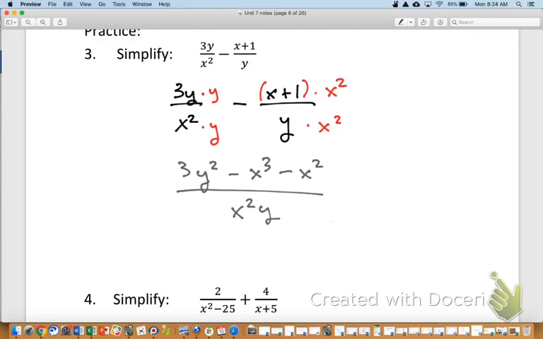Notice how I inserted some parentheses on the x plus 1 because I multiplied the top by x squared, right? And so I'm not multiplying just the x by x squared, which is what you did right there. I'm multiplying the whole expression. I need to distribute the x squared across, and then you get x cubed plus x squared.